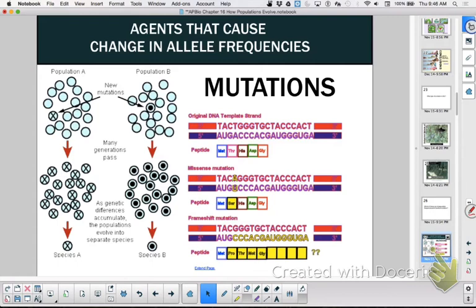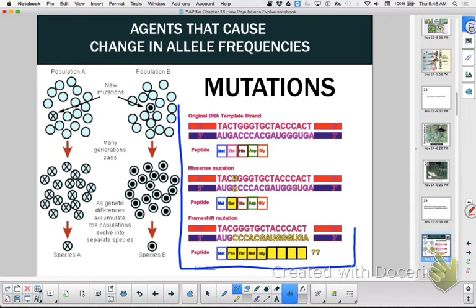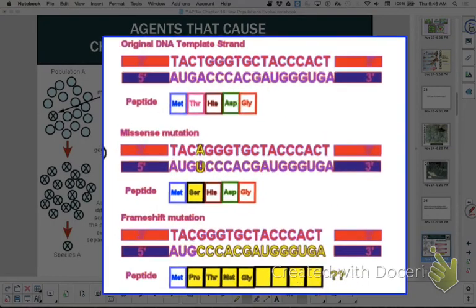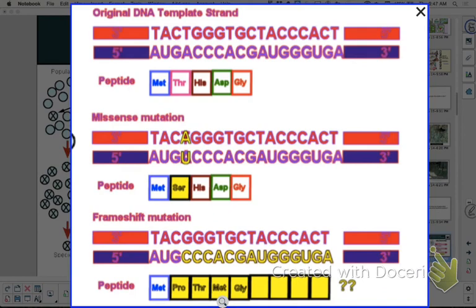Now, take a look right here. This is something we have already studied, right? We studied this a chapter or so ago. So here's the original DNA template. And then notice the 3 bases, right? They code for the amino acids. And in this case, instead of being TAC, it was TAA, which then coded for U. So you got a different amino acid here, serine.